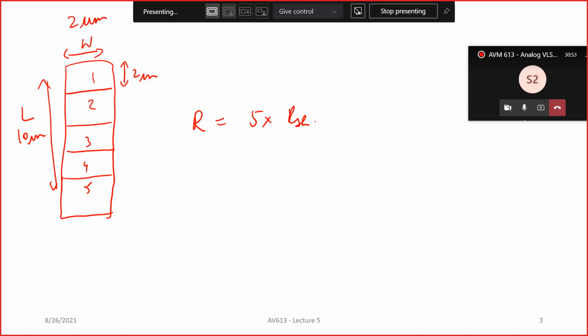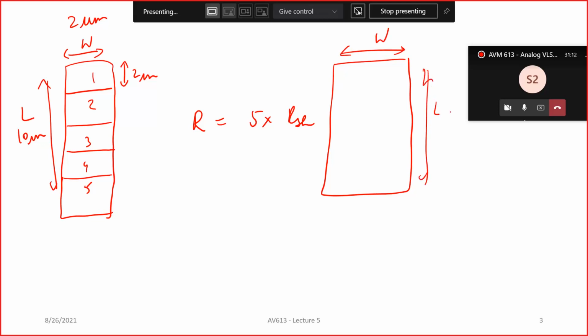This is a very quick way by which a lot of people, especially in the industry, calculate the resistance. They say how many squares there are. This also means that if you widen your device, if you increase your W and keep the same length, obviously you'll have lesser resistance, right? So let's say I take my W to be 5 micrometer, and the length is still 10 micrometer, you have only 2 times the sheet resistance.